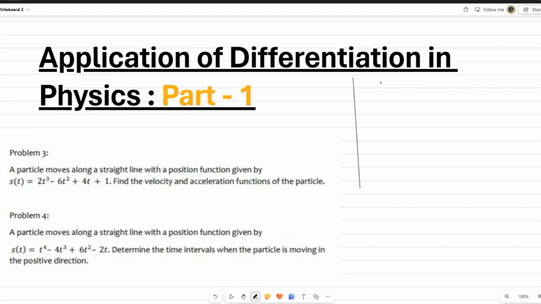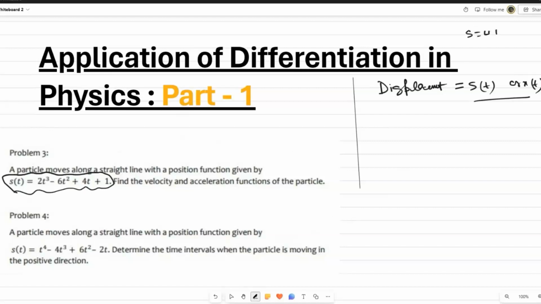That displacement we normally take in physics as x or s. Suppose you are taking displacement as the quantity s. S is a function of t, so you can write it this manner. Or x is a function of t, you can write this manner. This kind of problem, if you compare with your class 9-10 problems, maximum you have seen this kind: s equal to ut plus half at square, and all these things are dominating.